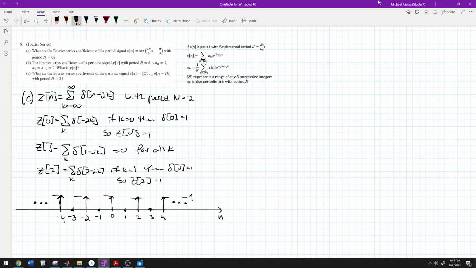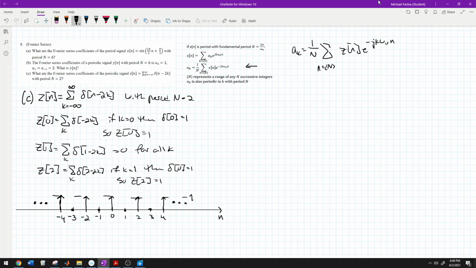But we want to find the Fourier series coefficient, so we can use this formula right here, and we get that a of k is equal to 1 over N, and the sum over little n equal to big N, of z of n e to the negative j k omega naught n.